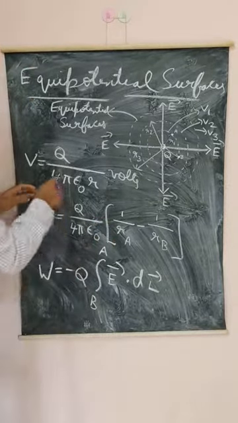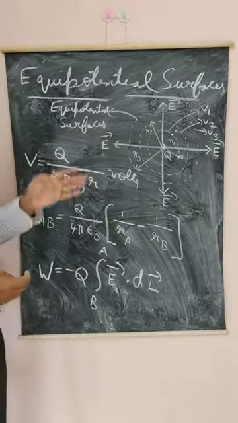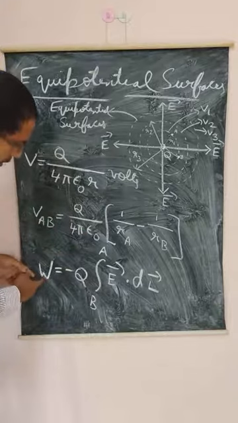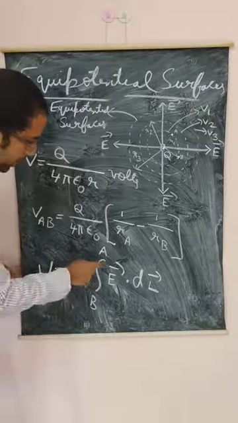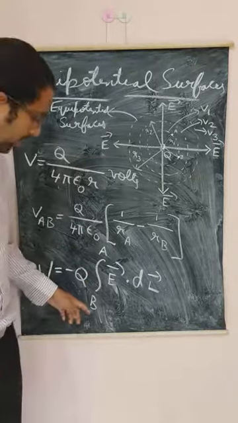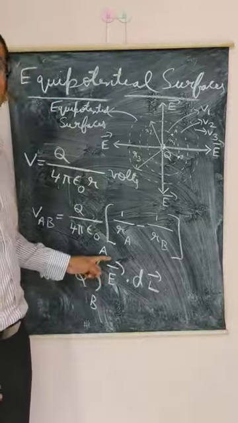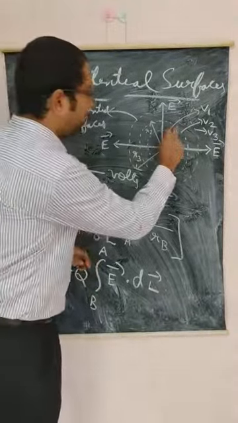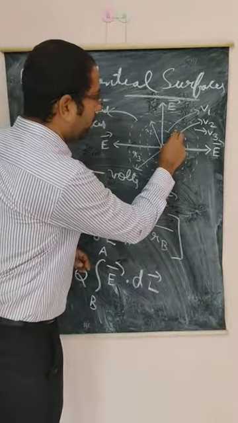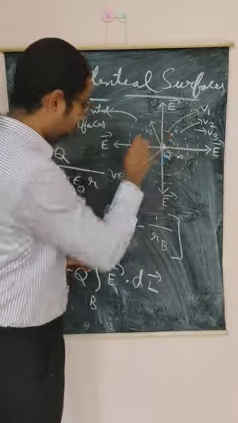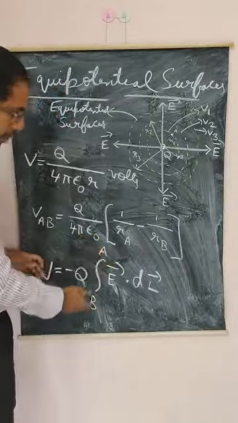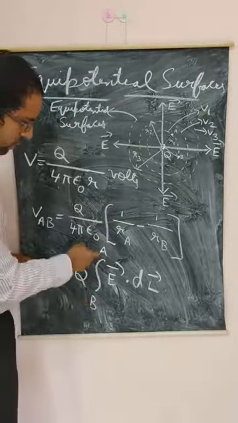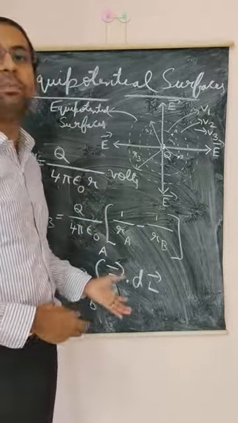So the work done formula is W equal to minus Q integration from B to A of vector E dot d vector L. Now B and A are both the same points, because you are taking them on the equipotential surface. As both points are the same, the integration answer will be 0.